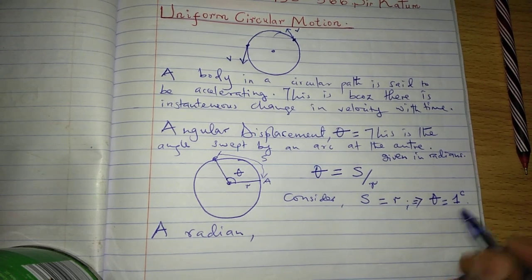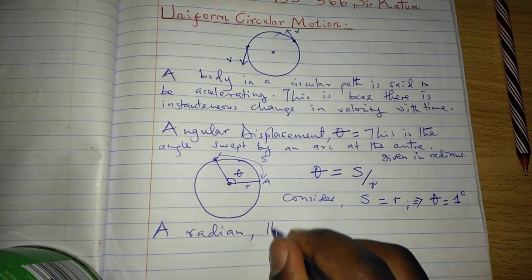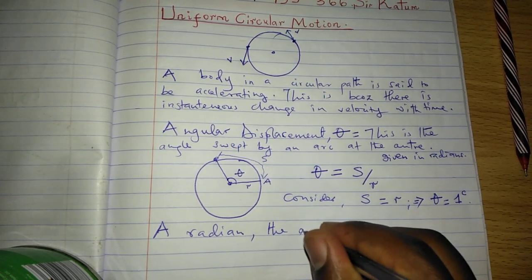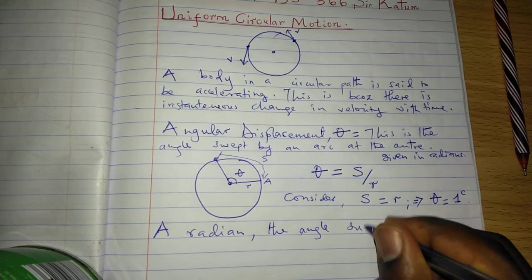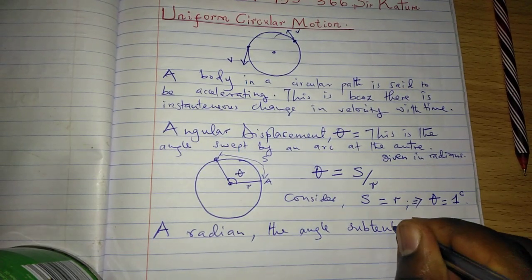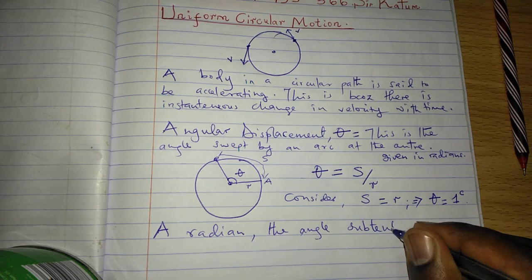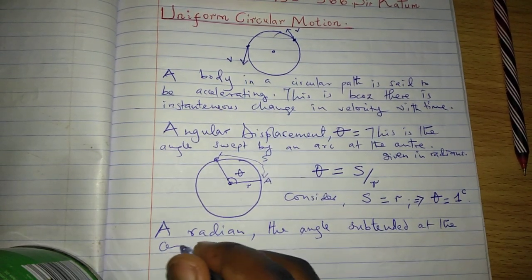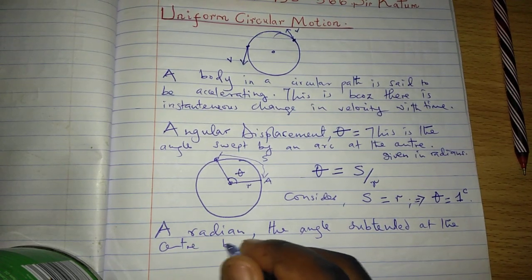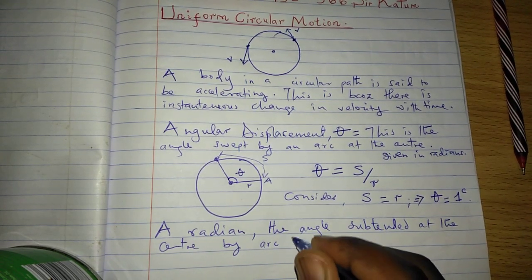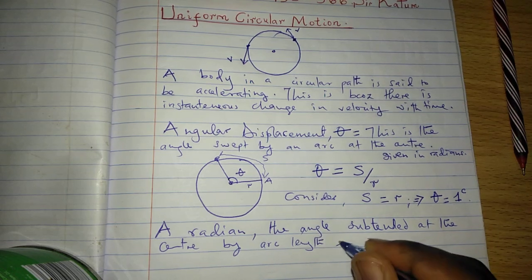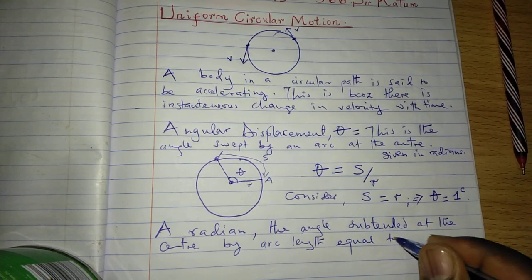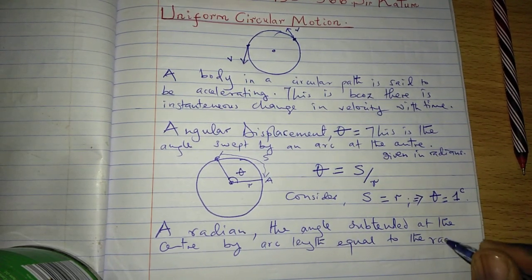Therefore, 1 radian can be defined as the angle subtended at the center by an arc length which is equal to the radius of the circle.